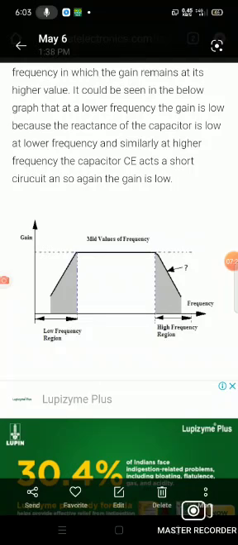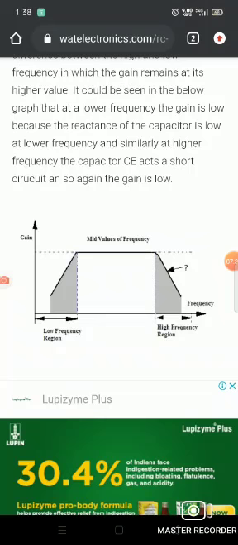And this is a CE amplifier circuit, a single stage RC coupled CE amplifier, based on the coupling network considered in the amplifier. And one more thing: for the low frequency and high frequency regions, the coupling network in the amplifier circuit is an RC coupling.